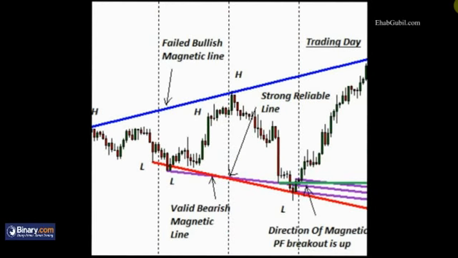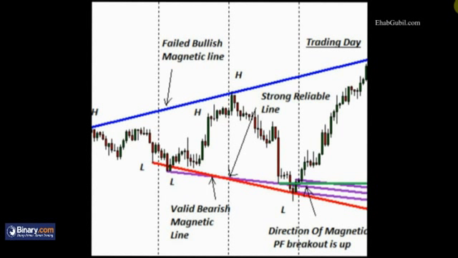Last example of magnetic PF: if we have a strong reliable line and we did not find a valid magnetic trend line in the same direction of the magnetic PF breakout, but we found a valid magnetic line in the opposite direction, since it's a strong reliable line, we could enter depending only on the direction of the magnetic PF breakout.